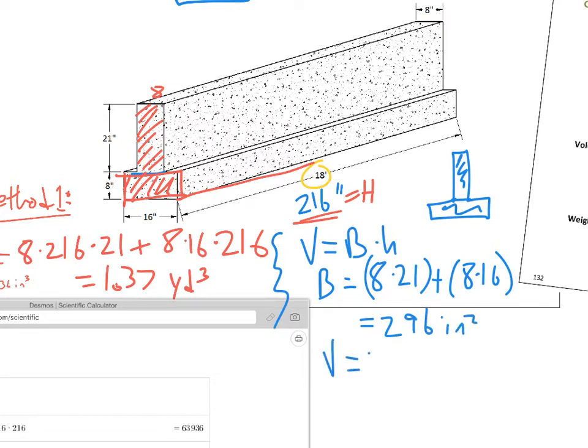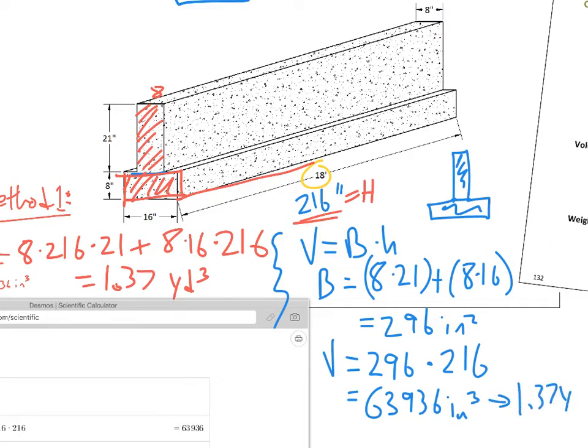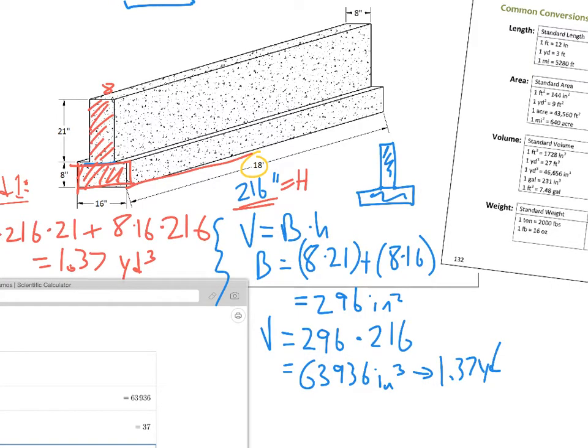Then we can say the volume is 296 times 216. Okay? And when we do that, we get the same answer, 63,936 cubic inches, which becomes 1.37 cubic yards. All right? So for this problem, either one's fine.